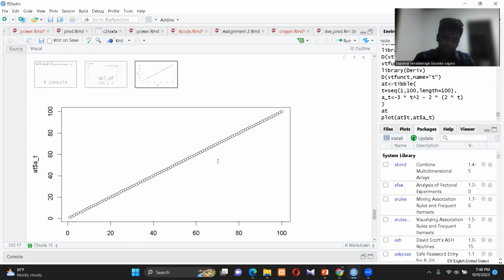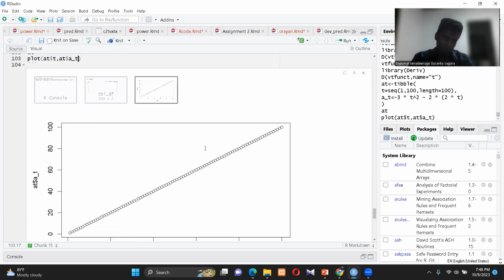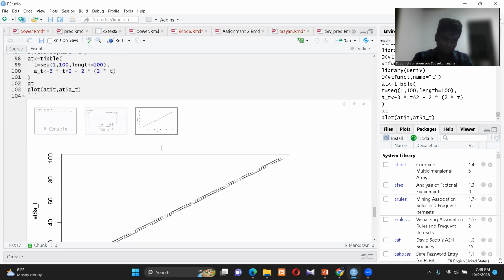Okay, brilliant. It's a linear one, as I wished. But can it be a linear one? No, it's not a linear one. 3 times t squared minus 2 times, actually this becomes 4 times.